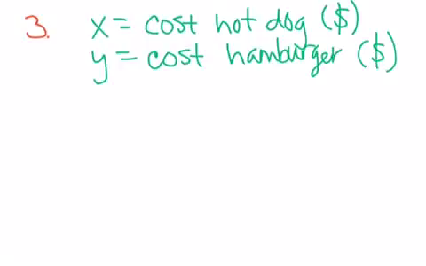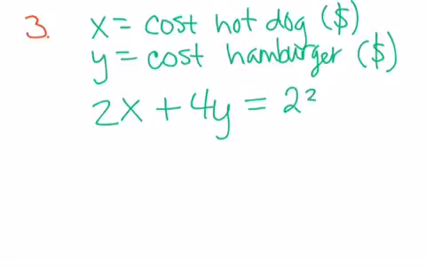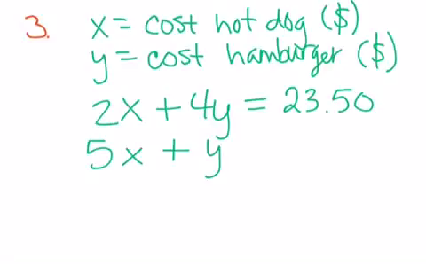So the first sentence says 2 order hot dogs and 4 order hamburgers. The bill is $23.50. If 5 have hot dogs and only 1 has a hamburger, I have a bill of $18.25.